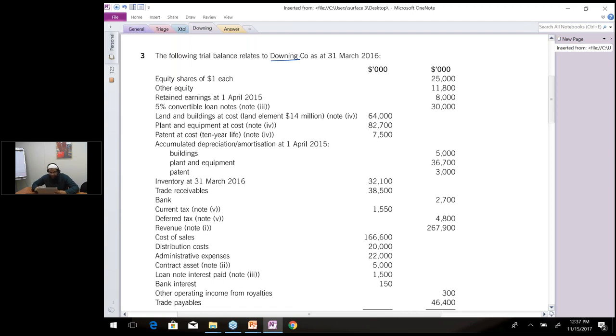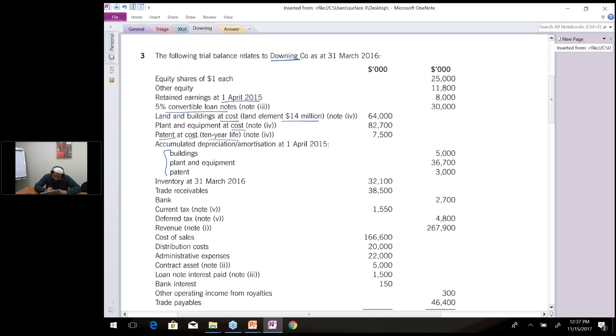So the question has given us a trial balance with equity shares, other equity, retained earnings opening, 5% convertible loan notes, land and building at cost with land element of $14 million, plant and equipment at cost, patent at cost having a 10 years life, and then the depreciation or amortization of all of these.